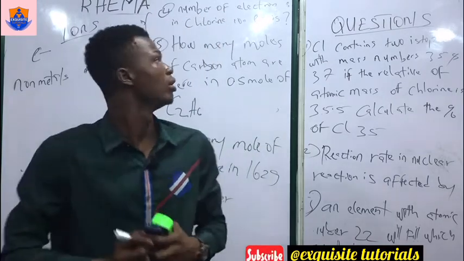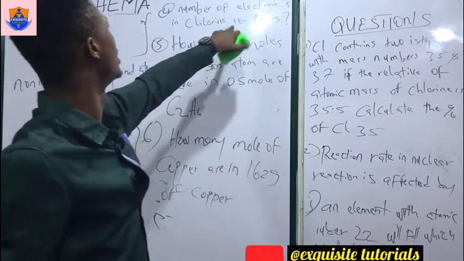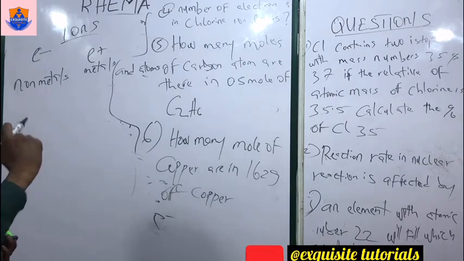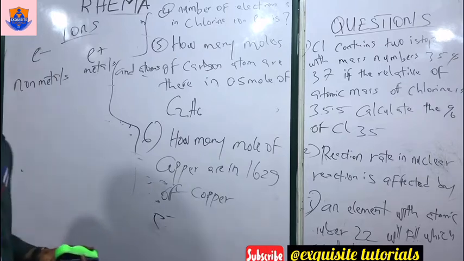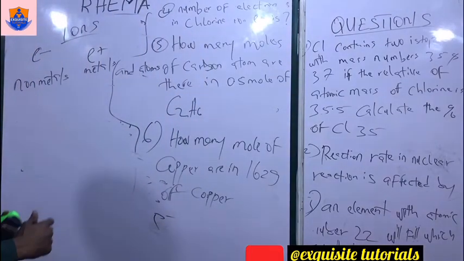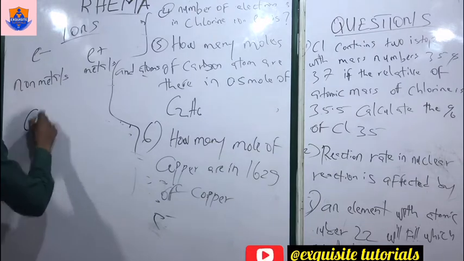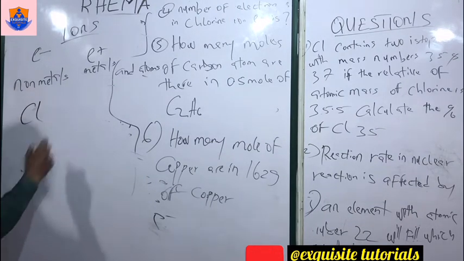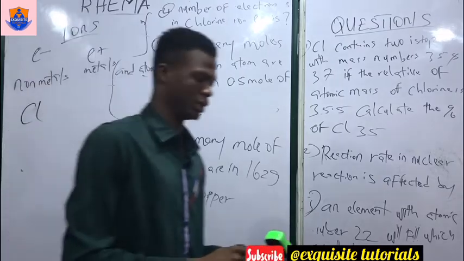Now, let's say, for example, here it's saying the number of electrons. Normally, the number of electrons is the same as the number of protons in a neutral element. Let's say, for example, this is chlorine.